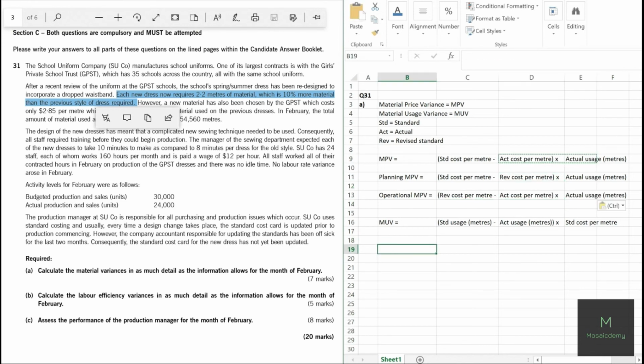Okay, then for material usage variance, same story. What will we do? We have the planning material usage variance, and we have the operational material usage variance, right?